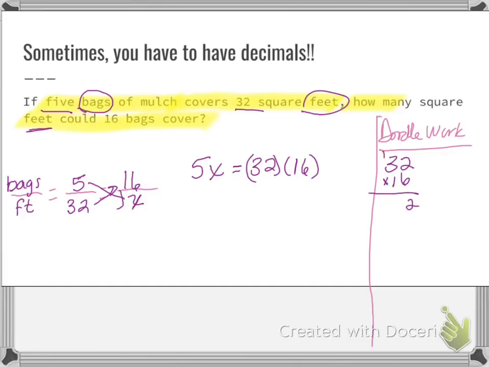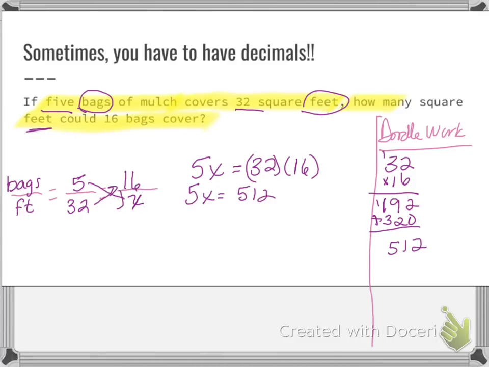Let's see here, make sure I'm doing my math right. I don't want to leave you wrong. So 5x then equals 512.